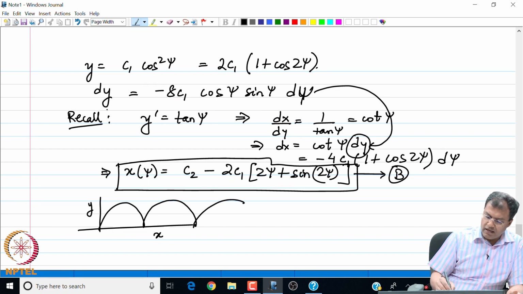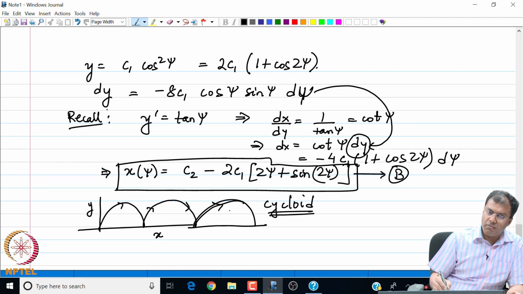This curve is known as the cycloid. Okay. So that completes the discussion on this example. Let me just move on.